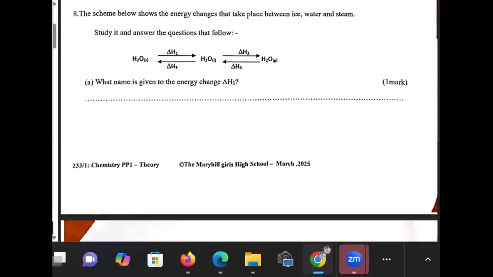The scheme below shows the energy changes that take place. Study it and answer the question. There is water solid, DH1, water liquid, then water gas. And the question is, what name is given to the energy of DH1?